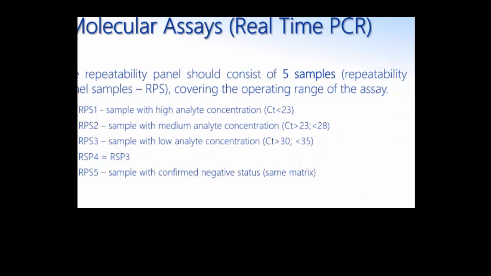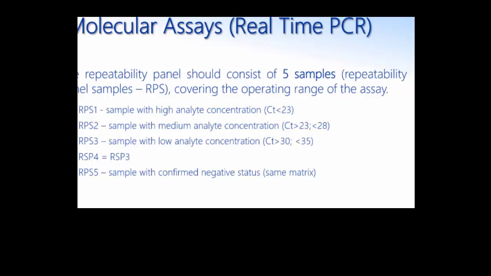So if we discuss molecular assays, and in particular quantitative ones like real-time PCR, the repeatability panel should consist of 5 samples, and these 5 samples should cover the operating range of the assay.